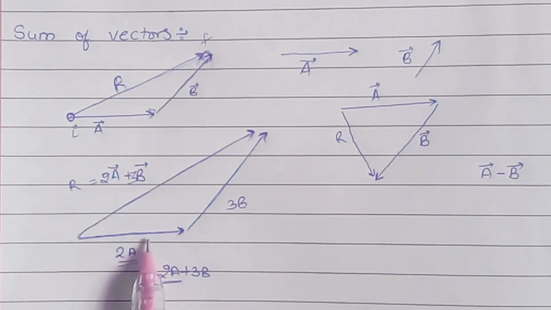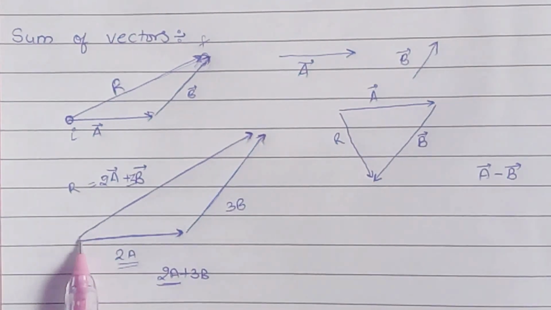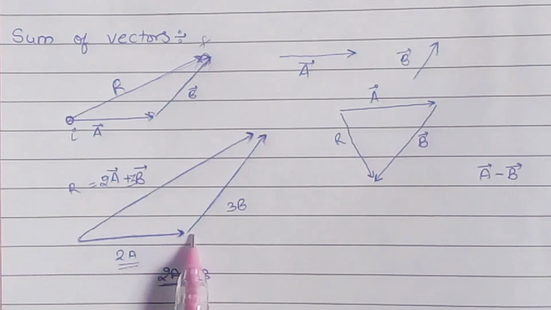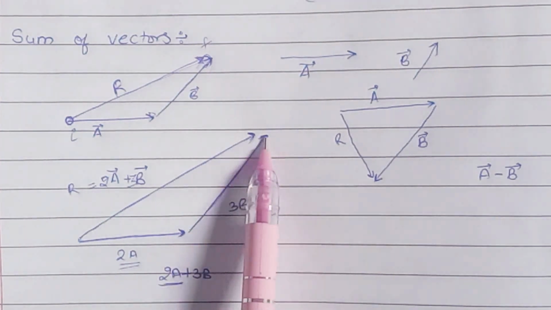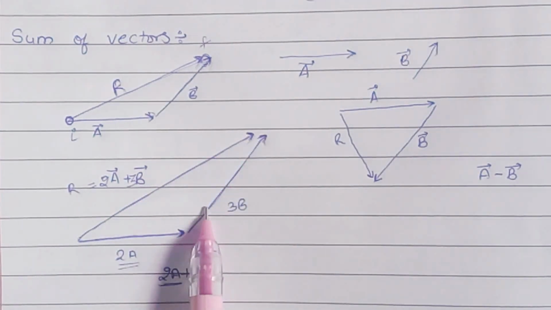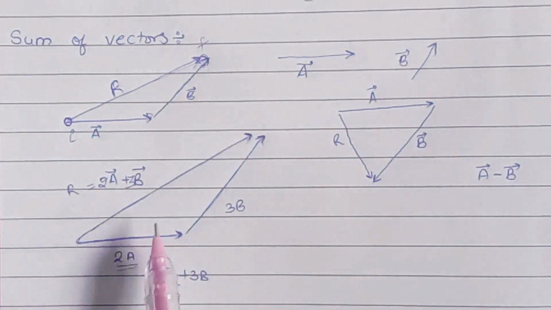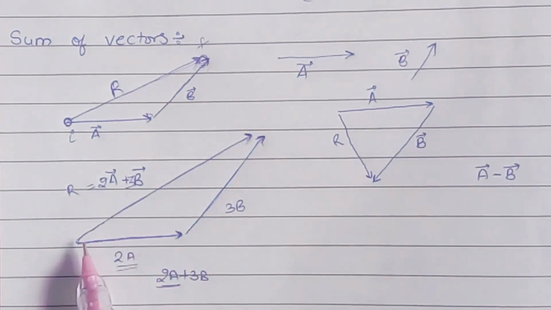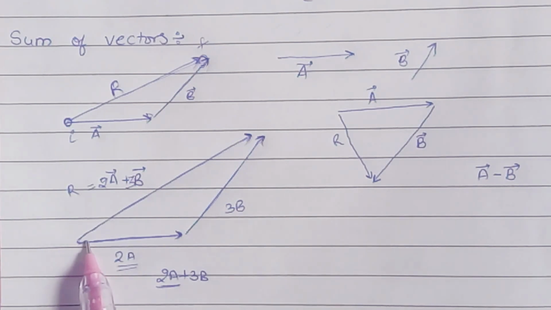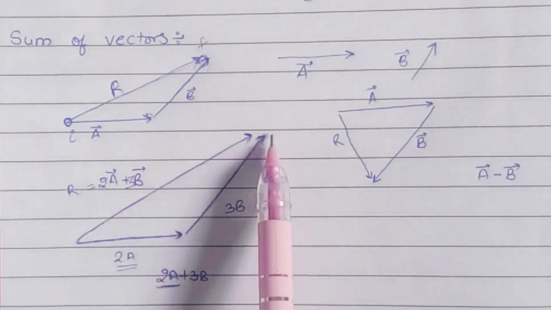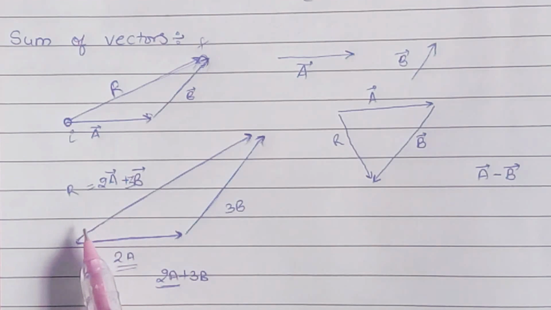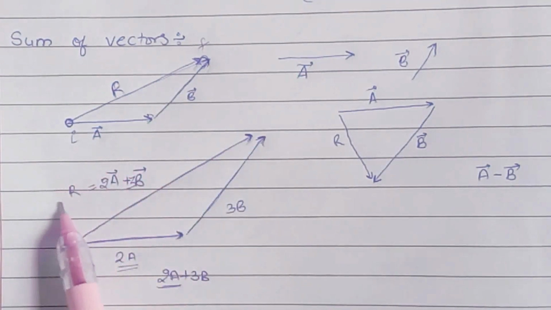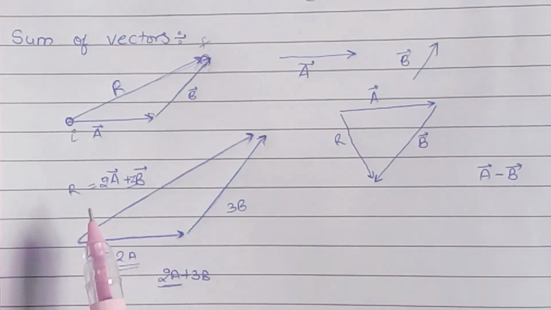Means see, this is the length for a vector, then you have to make a vector with 2a length and you have to make a vector with 3b length. So 2a vector plus 3b vector will be from the initial point of 2a vector to the final point of 3b vector. This vector is 2a vector plus 3b vector. So resultant vector will be 2a vector plus 3b vector.